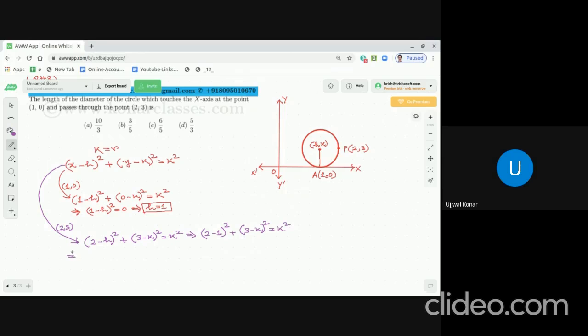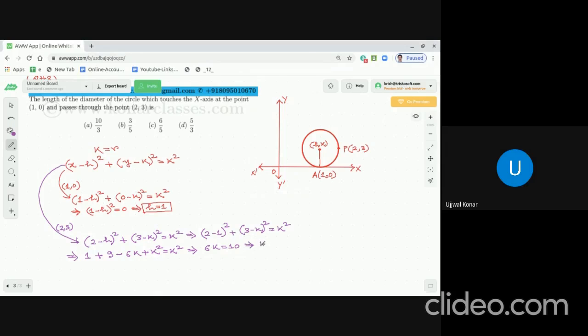So this implies (2 minus 1) whole square, 1 is 1, plus (3 minus k) whole square, that is 9 minus 6k plus k square, is equal to k square. So from here we get that 6k is equal to 10. So this implies 6k is equal to 10, and eventually we get the value of k is equal to 5 by 3.